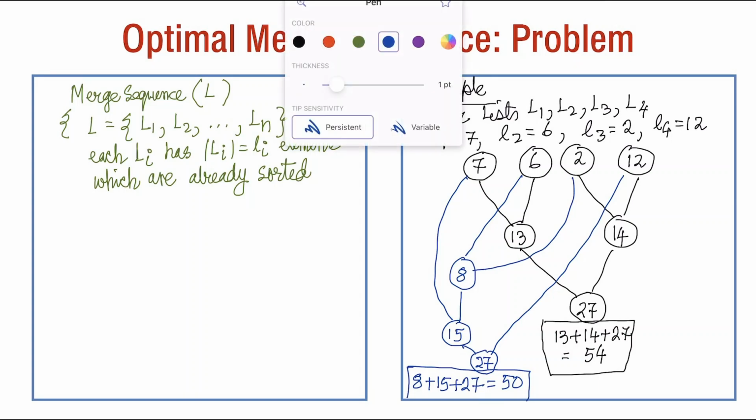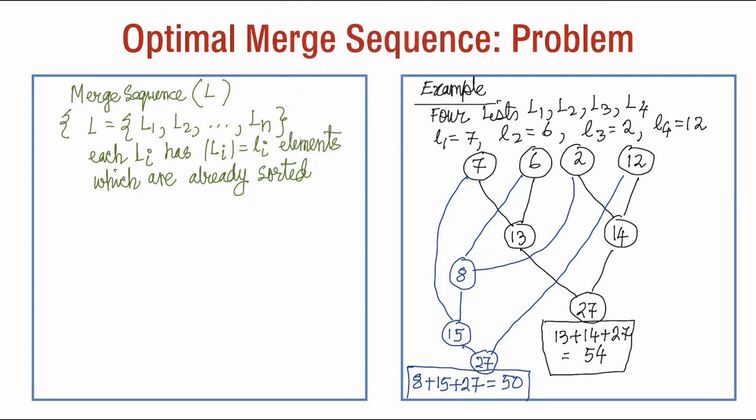Now let us see a third option. We first combine 7 and 6, which is 13. Then we combine this and 12, 13 plus 12 is 25, and then 25 plus 2 is 27.